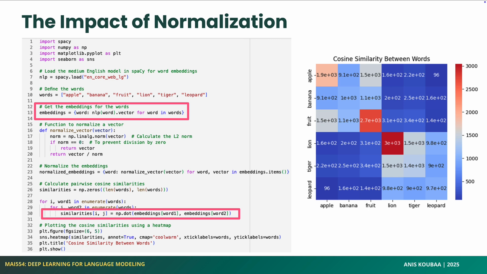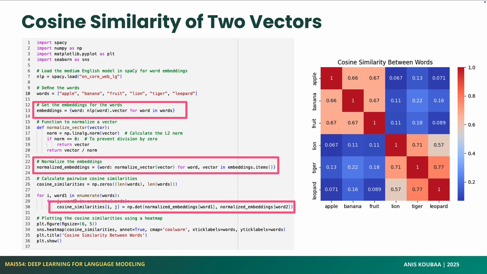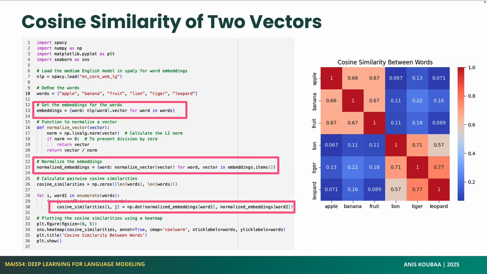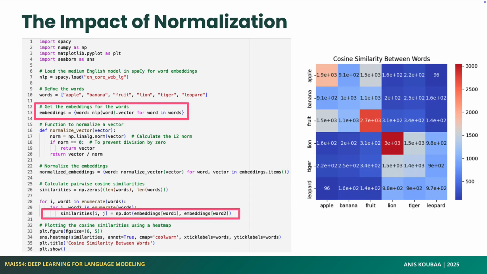What is better? Which relations are clearer, here or here? The first corresponds to what? Cosine, meaning dot product of normalized vectors. And this is the dot product of non-normalized vectors.